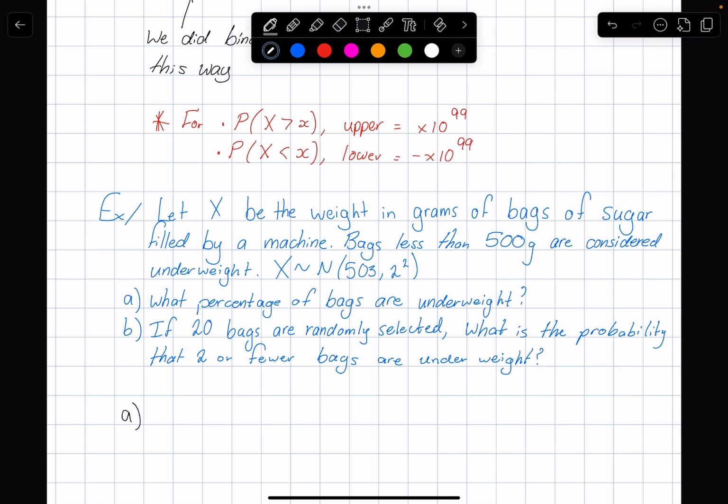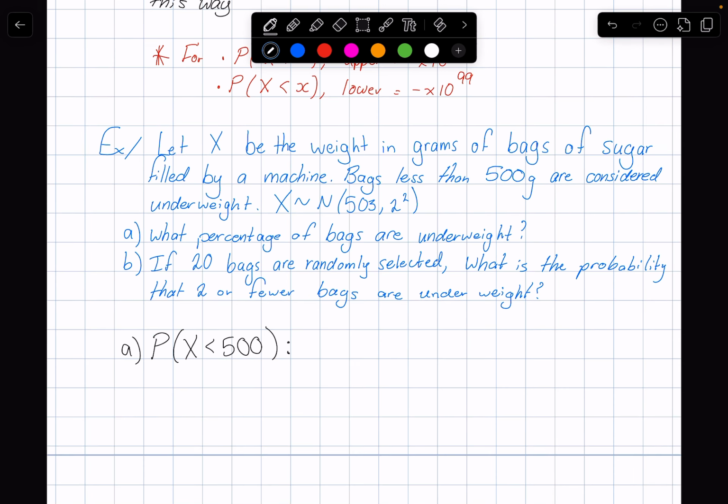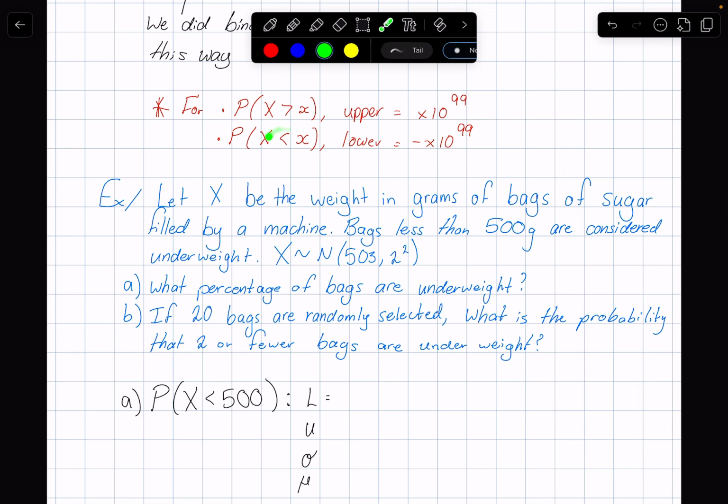We're told that if the bag weighs less than 500 grams, we want to find the probability that X is less than, or less than or equal to, it doesn't matter in continuous variables. So we'll write less than 500. If you're using the first method, you have your lower, your upper, standard deviation, and your mean. In this case, my lower limit is negative 1 times 10 to the 99.